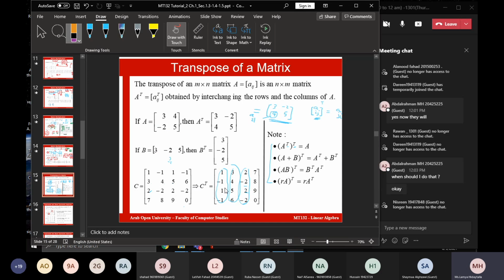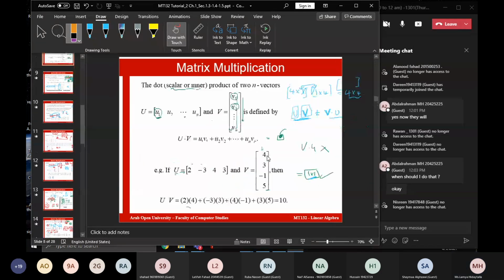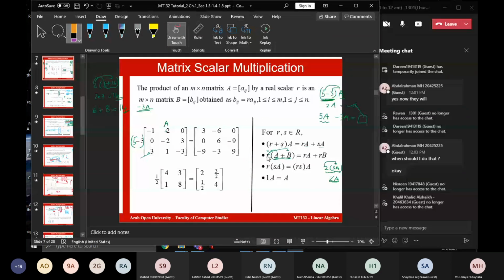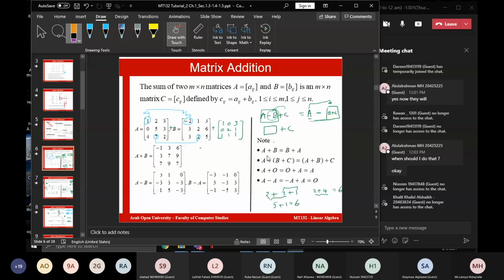Now what if I want A plus B transpose? Type A plus B and then we transpose it. Let me take the addition of 2 matrices. Okay, now this is A and this is B and we got A plus B, correct?